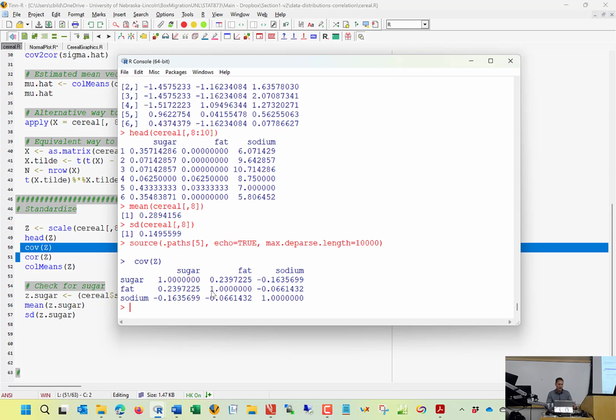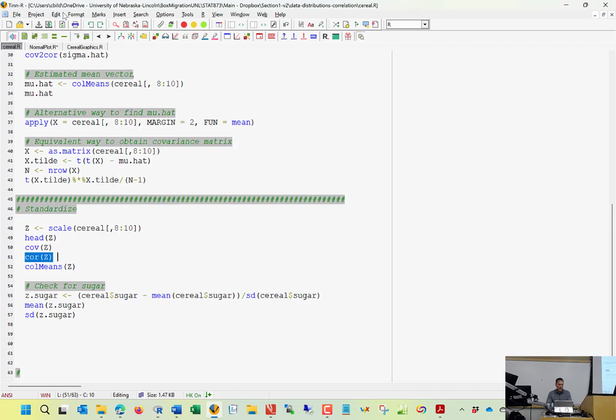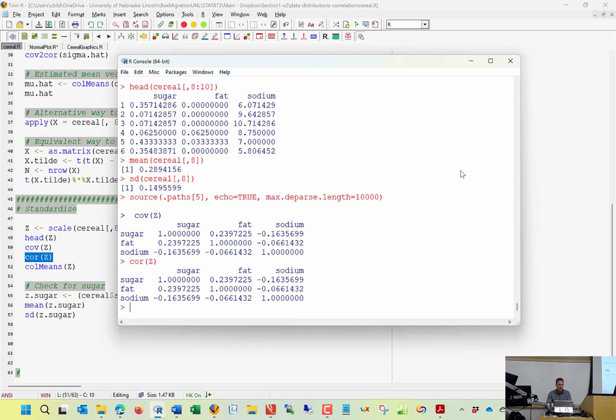The estimated variance for fat is 1 as well. Let's take a look at the correlation matrix. Wow, look at that. The covariance matrix is exactly the same as the correlation matrix. That's kind of interesting. Well, why does that happen?